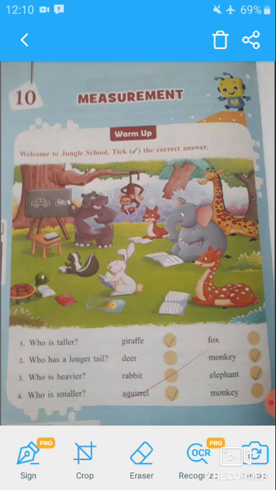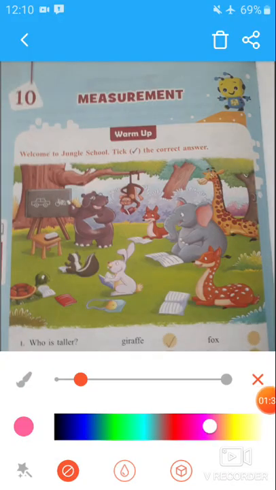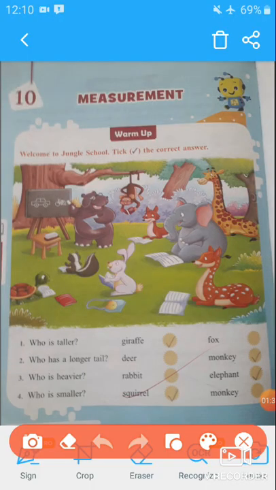Take the correct answer. So students, look at this picture. This is a jungle school. Look here, all animals are studying here. Bear is a teacher, and here rabbit, squirrel, fox, monkey, elephant, giraffe, everyone is studying.